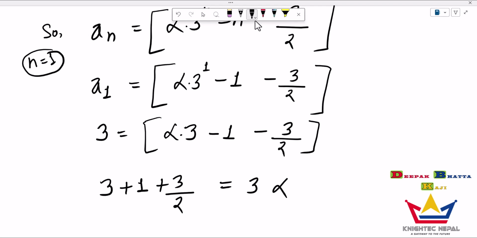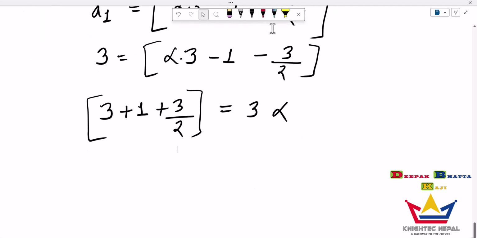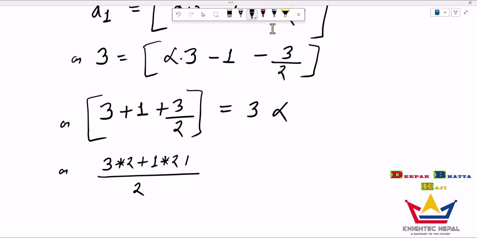So this is the thing. So now from here make a common denominator, that is 2, take LCM 2. So 3 into 2 plus 1 into 2 plus 3 equals 3 alpha, right?